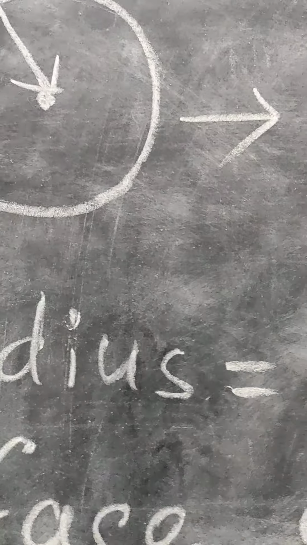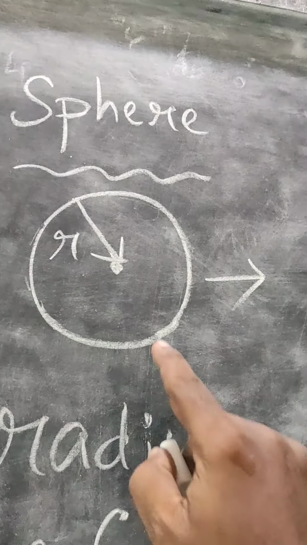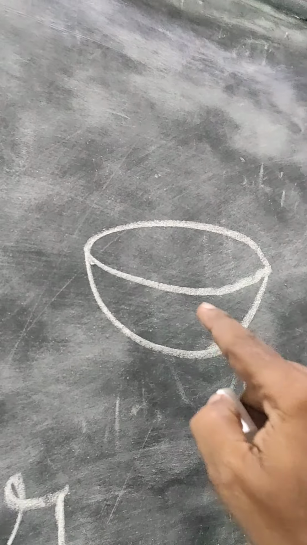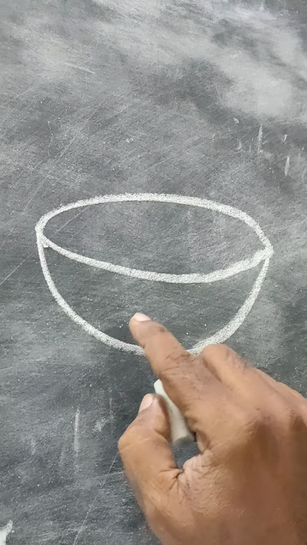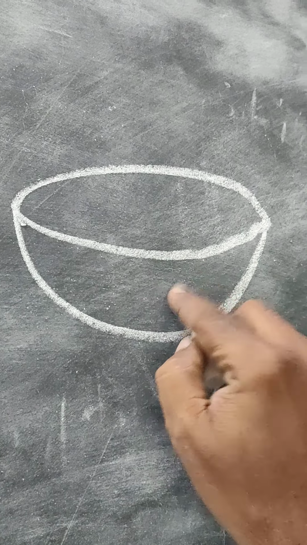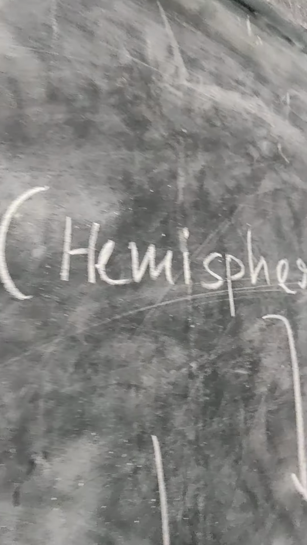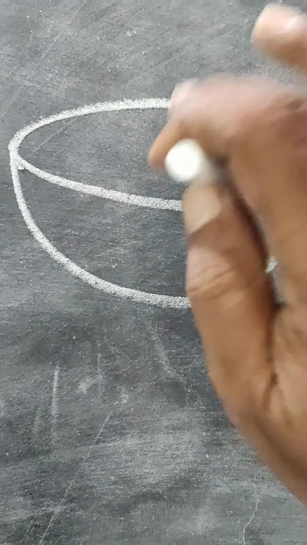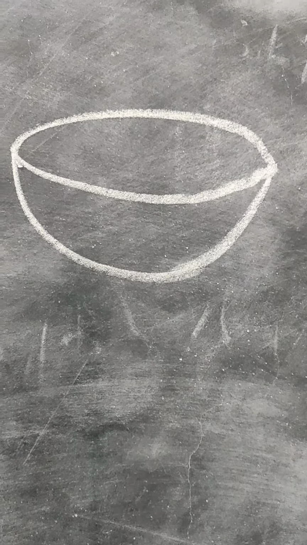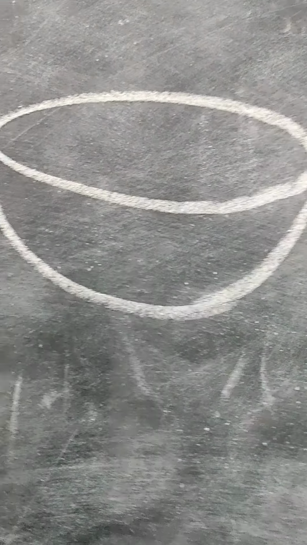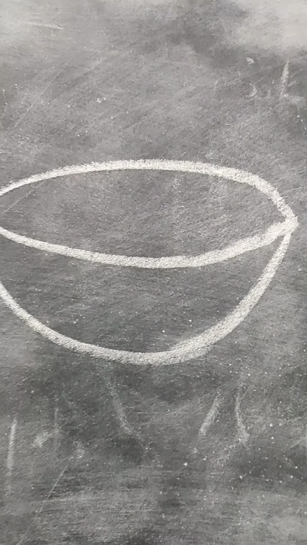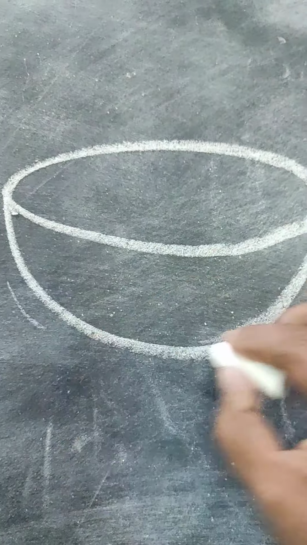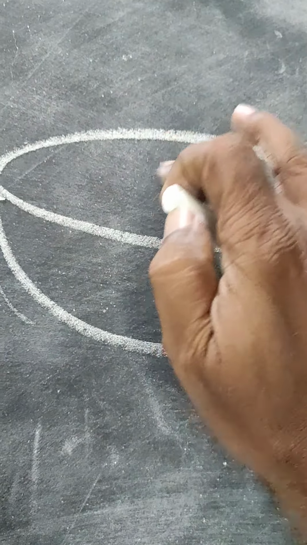I have told you already, if we cut a sphere, we get this type of structure, which is called a hemisphere. That is half of a sphere. So what will be the curved surface area of a hemisphere? Only the curved part, the upper part is not there.